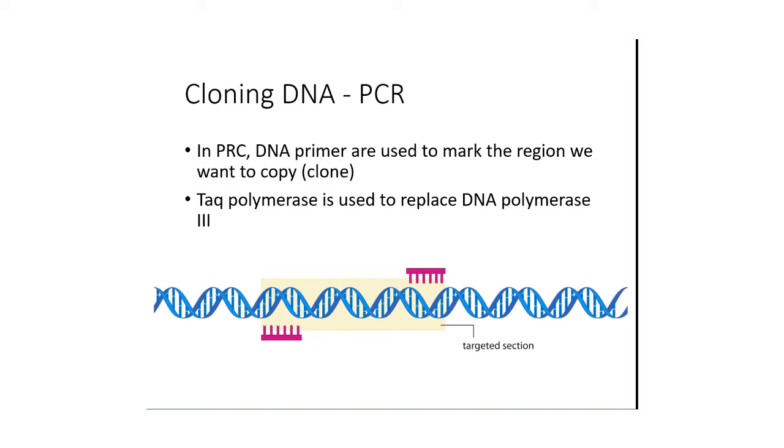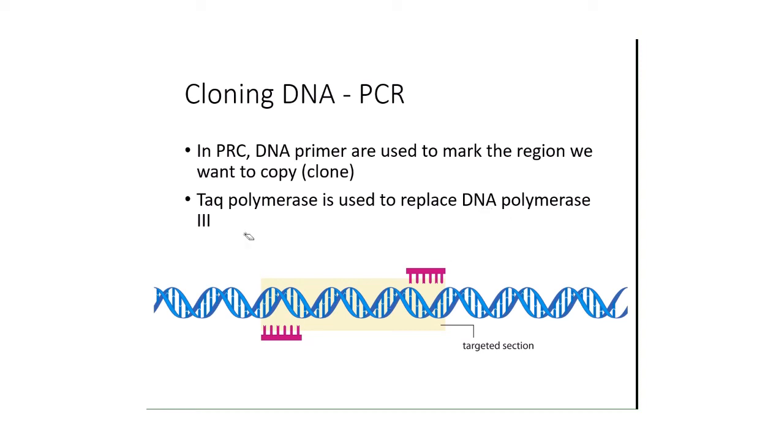So instead of using an RNA primer, we will be using a DNA primer, so we don't have to replace them later. And so you have to choose the primer such that it will flank your sequence of interest.